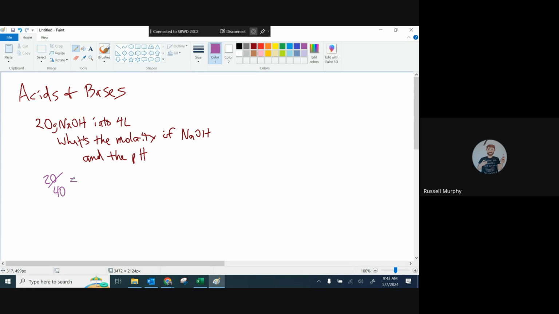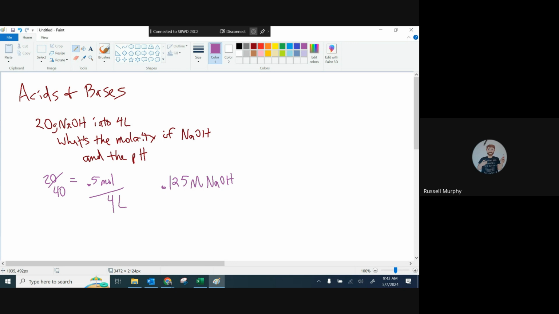So we have half a mole of NaOH, and then we're going to divide that by 4 to get it into molarity. What is it? 0.125. We have 0.125 molar NaOH.